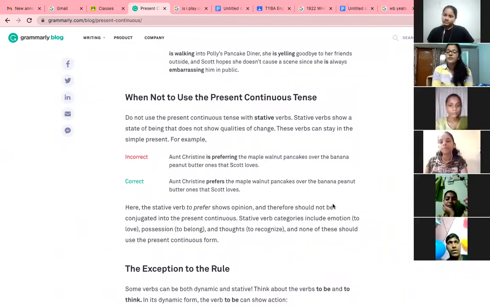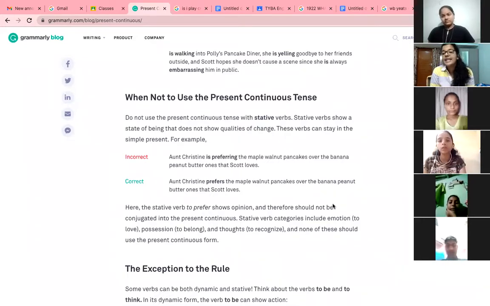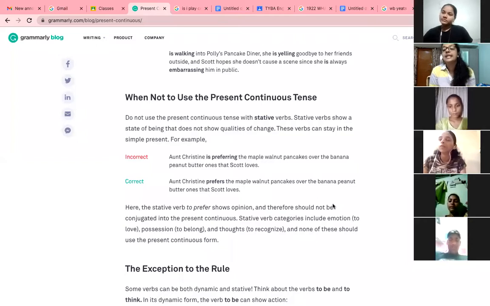Now, she loves to draw here becomes a stative verb. Okay, and that stative verb is something that you do not use present continuous tense with. So mostly with stative verbs, you'll just know it's not going to be continuous.